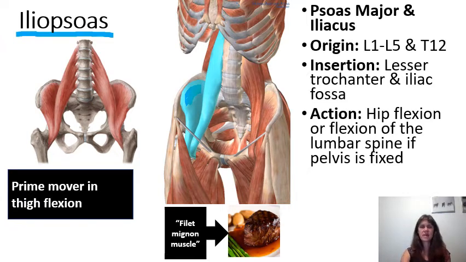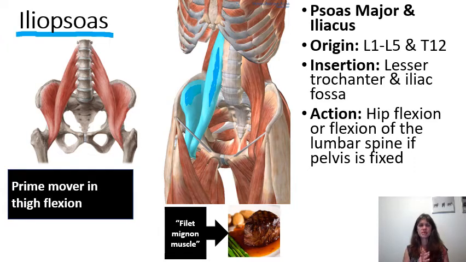The psoas major muscle, which is the filet mignon of a cow, for anyone who eats steak, originates on either the transverse processes or vertebral bodies from L1 to L5. Books go back and forth as to whether it's transverse processes or vertebral bodies, so that doesn't matter to me one way or the other. Not all books say T12, some do. Most of them say it originates from L1 to L5.